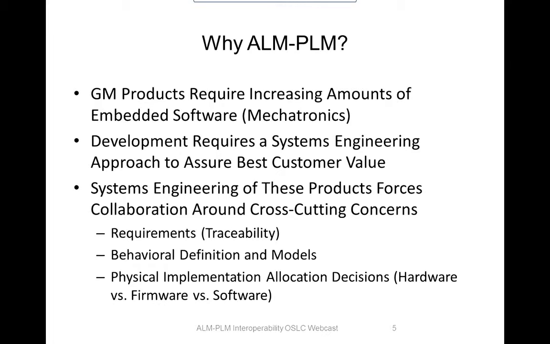So the requirements, of course, are a cross-cutting concern across both hardware and software domains. The behavioral definition is largely software, but has a tremendous impact on the rest of the mechanical domain. And, of course, the physical implementation, we have to make sure that our allocation decisions are traceable so we know exactly what goes where and how it gets implemented at the end.